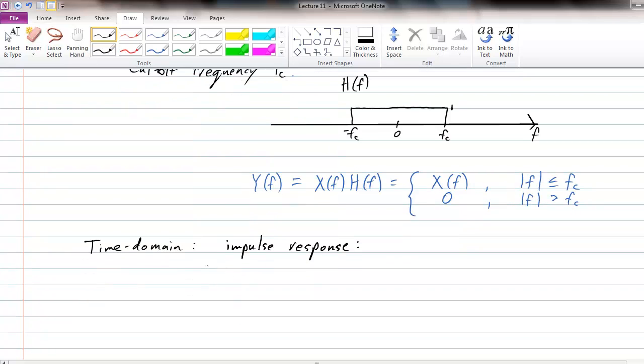So we see that h of f could be written as a rect of f over, now the width of this thing is actually 2 times fc, so f over 2 fc.